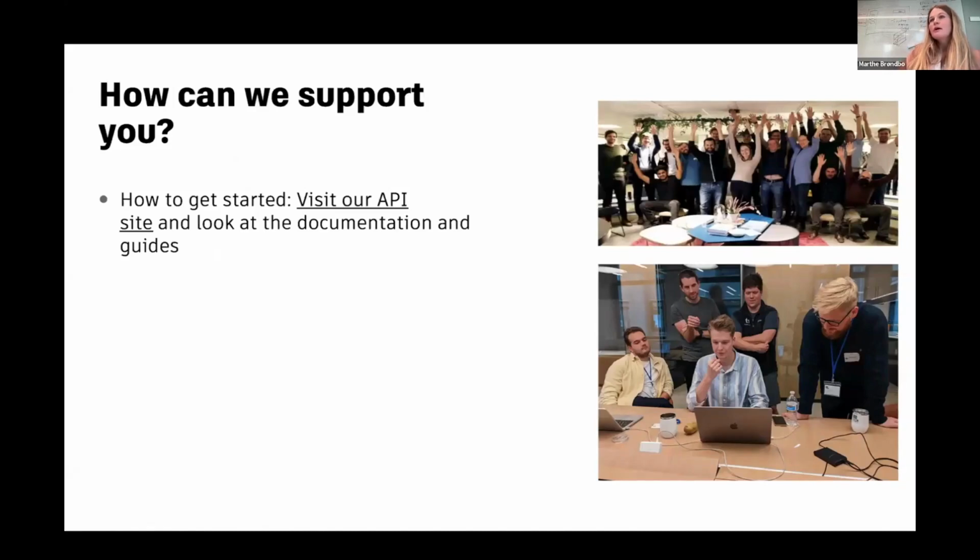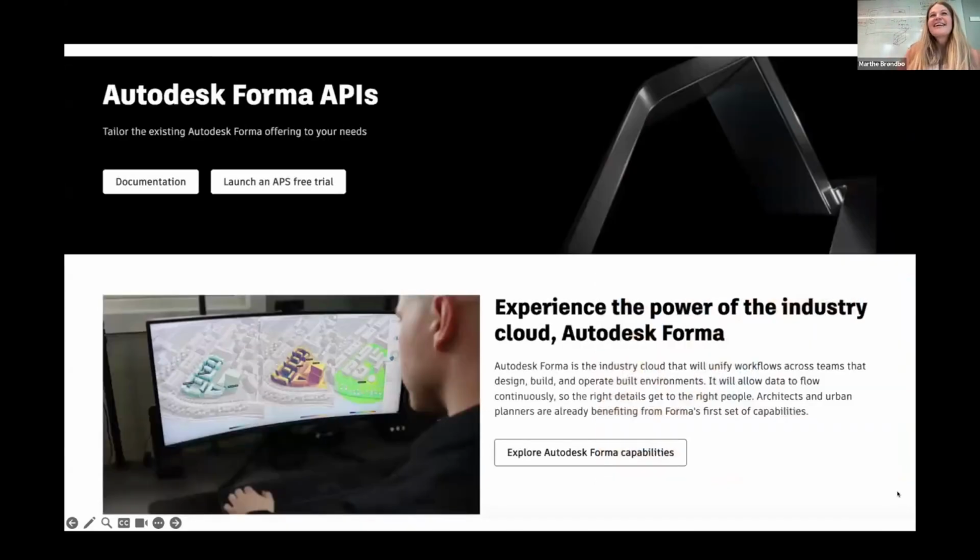There are really good how-to guides, and it looks like this. Then you can push the documentation button and just learn a lot. You will also need to have a Forma trial or a subscription to get started.